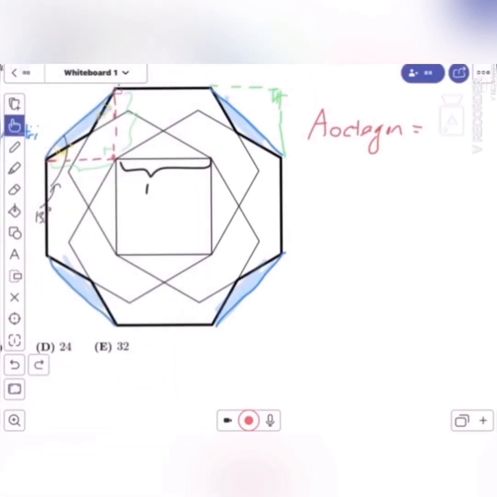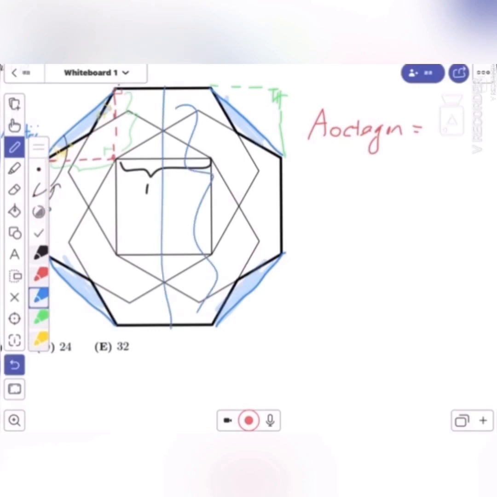And so how is this going to help? So the thing to possibly notice is that we can find this entire length, right? We can find the entire length.